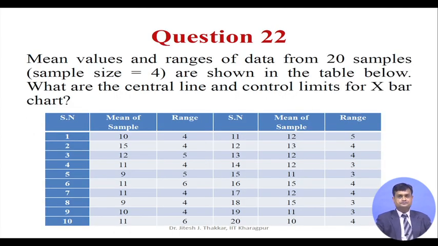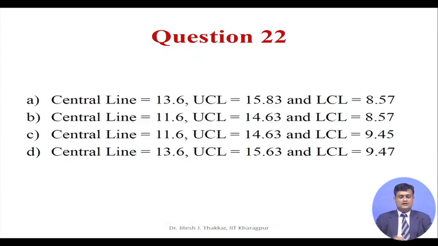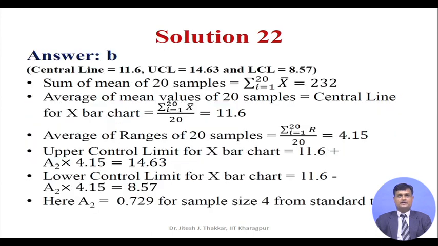Question 22. Mean values and ranges of data from 20 samples are given in the table below. This is the same data reproduced here, used in question 21, and here what are the central line and control limits for X bar chart? So, you can look at the 4 options A, B, C and D on the screen, and the correct answer is B, with the computation: sigma i equals 1 to 20, X bar is equal to 232.